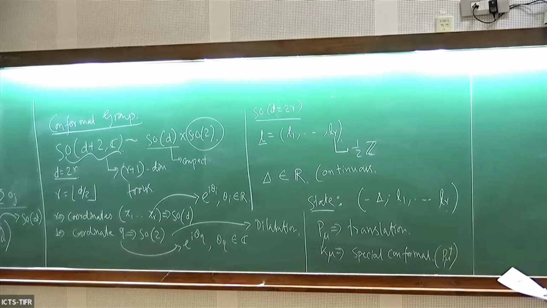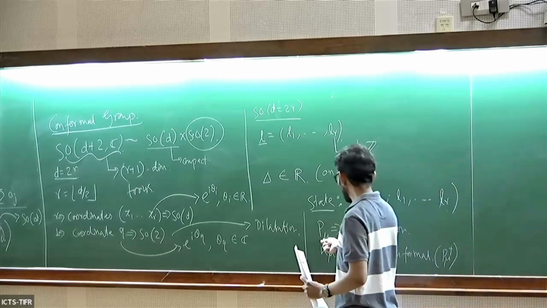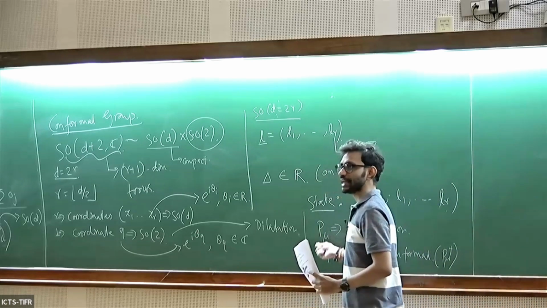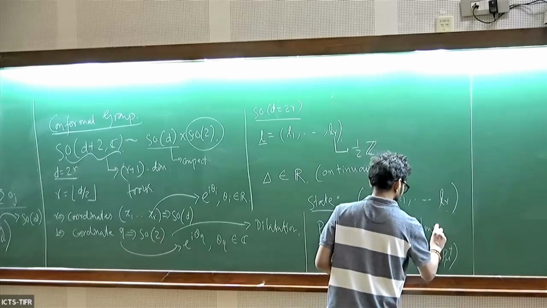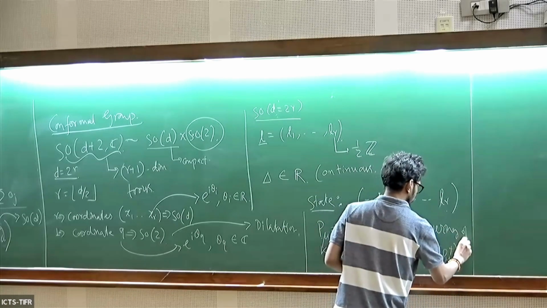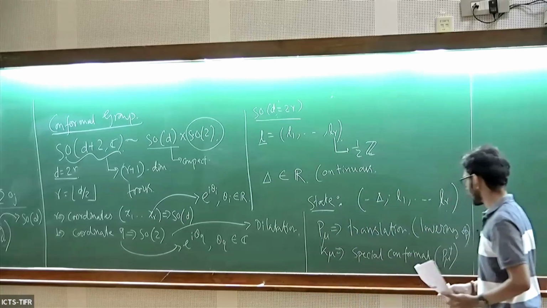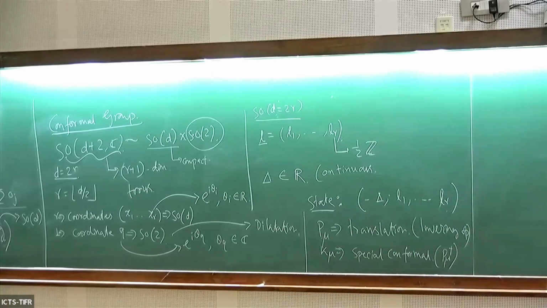Or if you start with any J,m, you act the lowering operator J minus until J minus J. So there's a lower bound kind of thing. And why do you have a bound there? Because you are working in a compact group, SU(2). But now, the action of P_mu is basically like a lowering operator. So P_mu translation serves as a lowering operator, and special conformal K_mu acts as a raising operator.